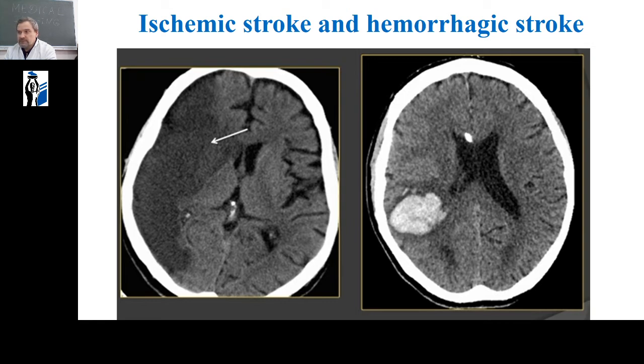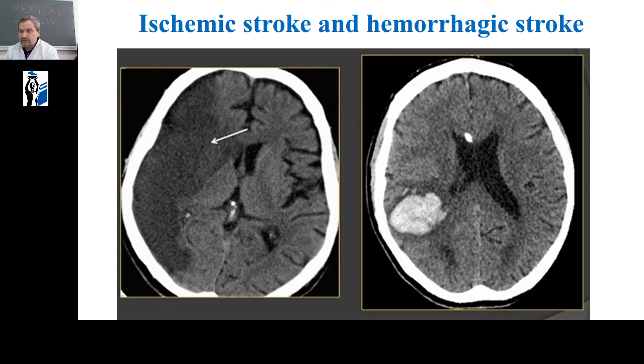The slide presents two classical situations. In the left image, the area of tissue that has a low density is an ischemic stroke. I remind you, this is a negative image. The small density is closer to black in color.